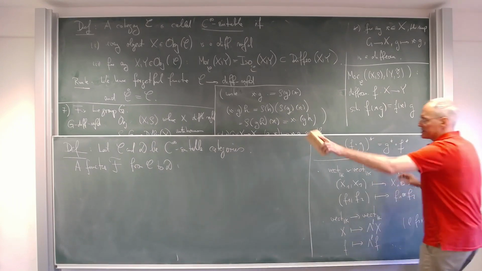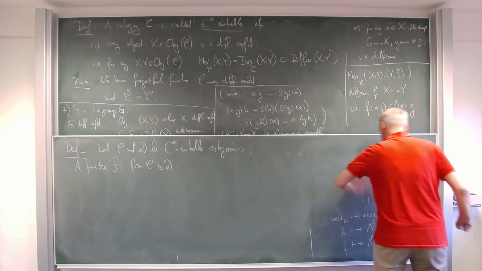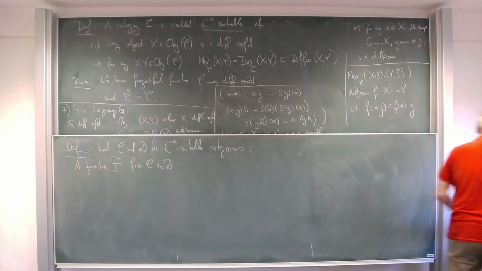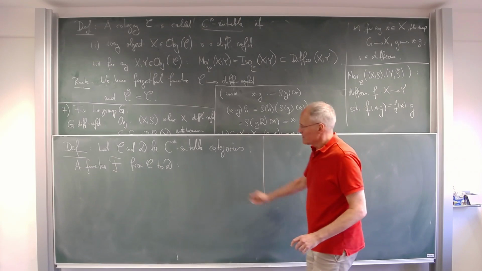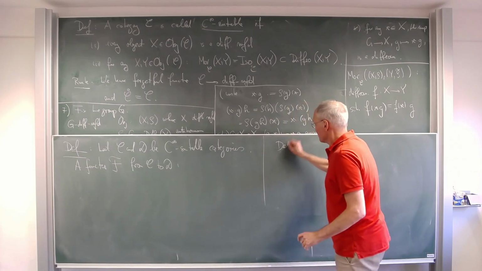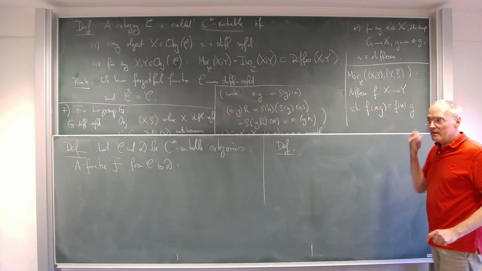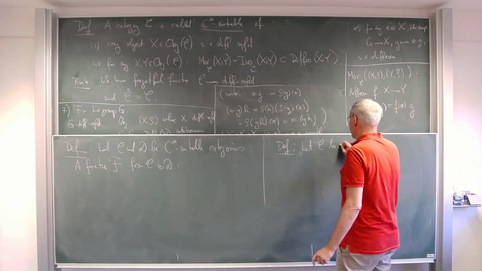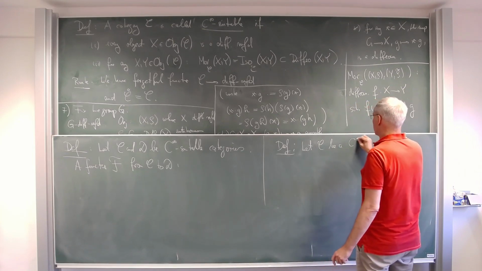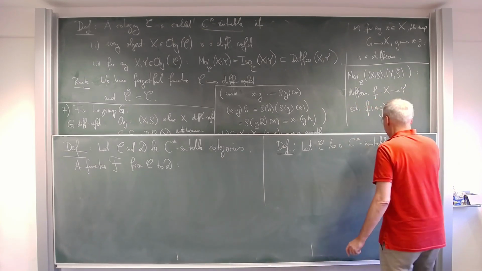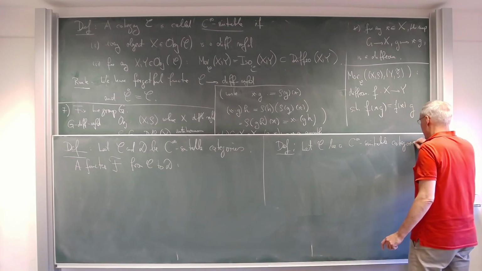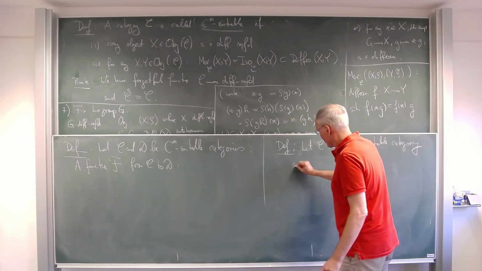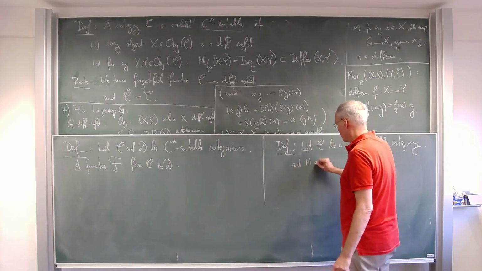Sorry. Let's keep this there, but I need another definition first. Namely, to be continued, definition. So let C be a C infinity suitable category. Now, and M a manifold, a differentiable manifold.